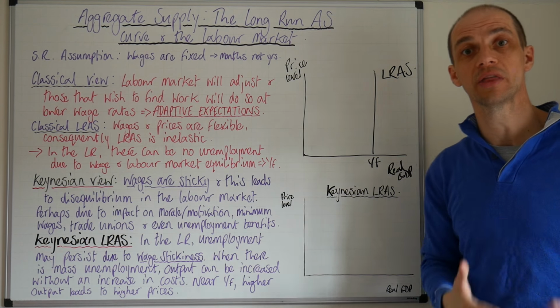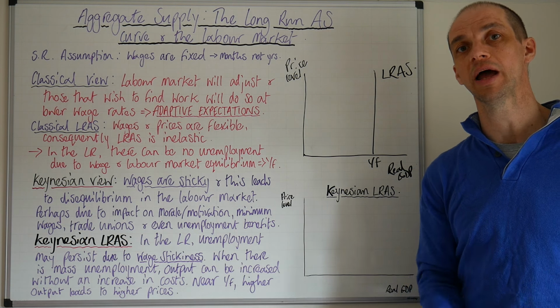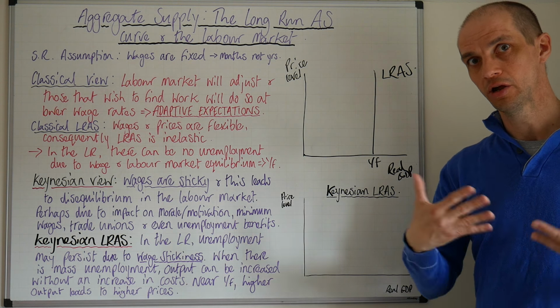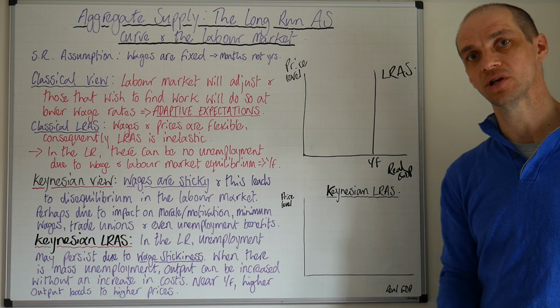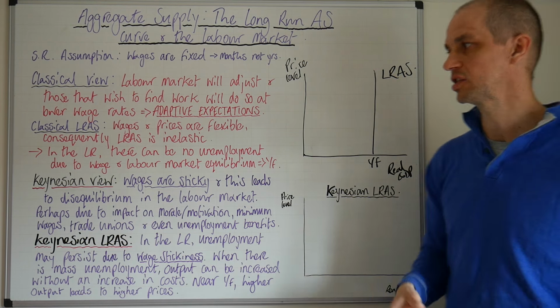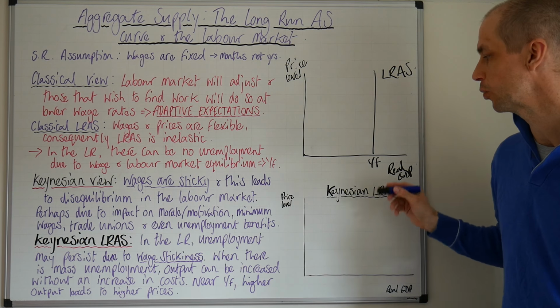So this means that they are at a point where anyone that wants to actually find meaningful work can do so. Okay, as long as they accept that prevailing wage rate.